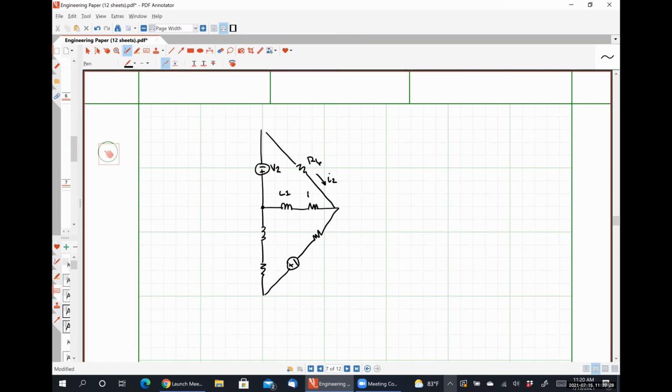L1, R2, R5, V3, L2, R3. Then I have to draw the other half of the circuit as well. Here's R1, V1, L3.